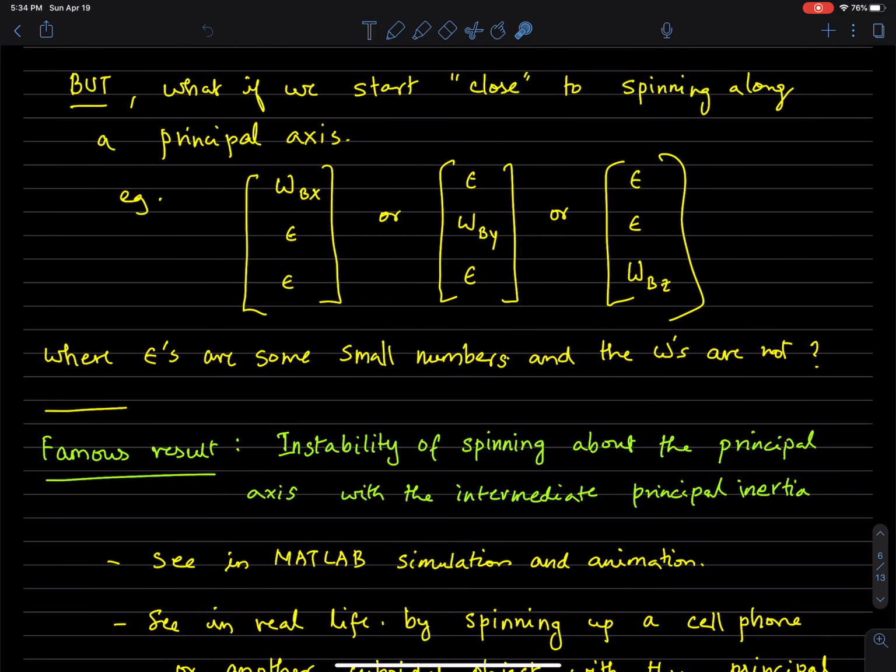What if we had an initial condition like this, where there is a big angular velocity component along one of the principal axes, so it's almost along one of the principal axes, but then there's a small component along the other two axes? So big component along y, very small component along x and z, or big component along z, and very small component along x and y.